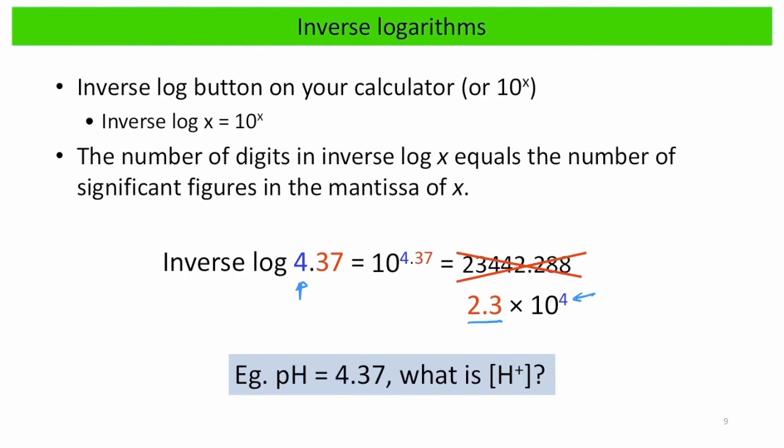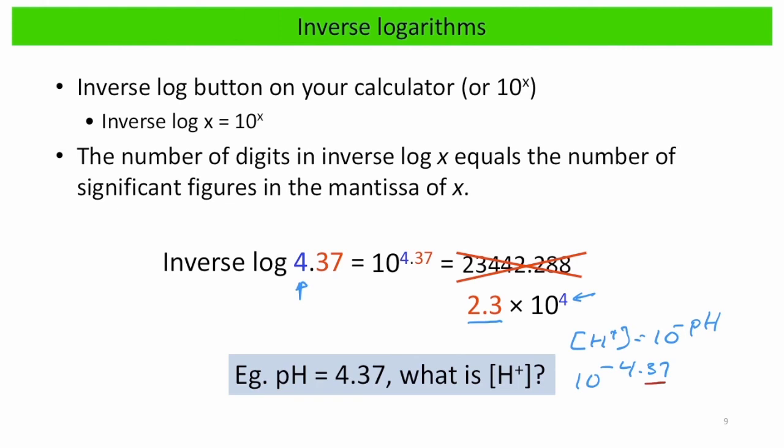All right, so another example, if we have a pH of 4.37, what is the concentration of H+? So if we have an example again where we're trying to figure out the concentration of H+ given a pH, if you remember from general chemistry, the concentration of H+ equals 10 to the minus pH. Okay, so 10 to the power of minus 4.37. Right, so where are the significant figures in this case?